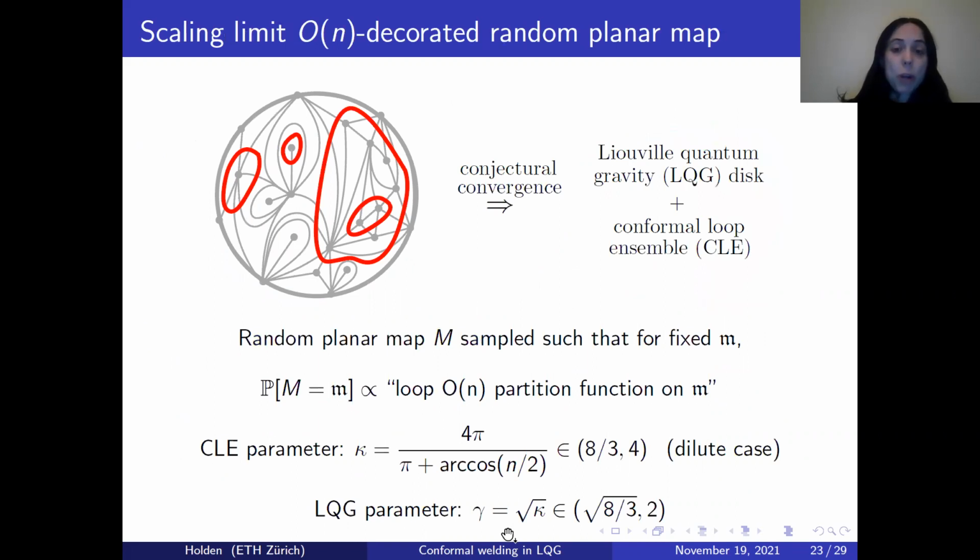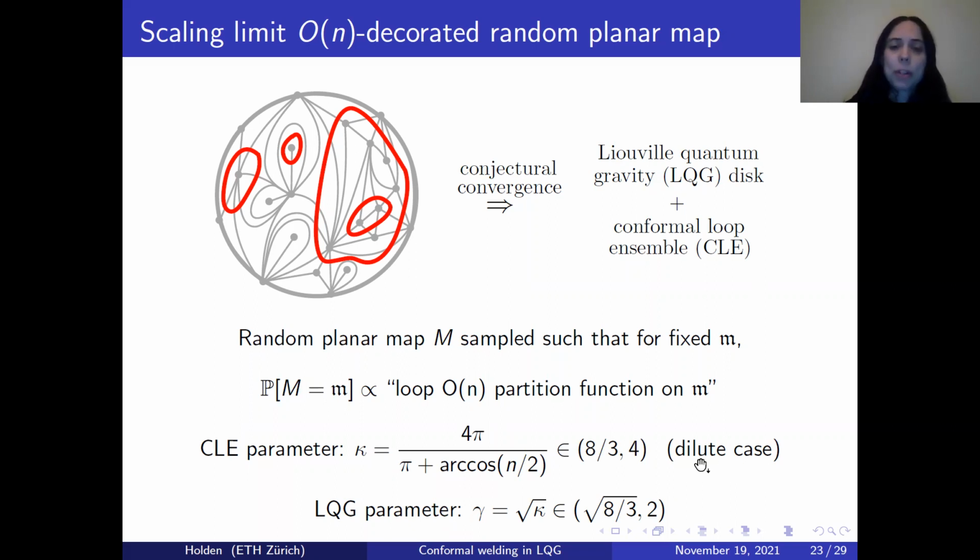What is also believed to hold is that the parameter kappa of the SLE is given by this formula, where n is the parameter appearing in the loop of n model. And it is also believed to hold that the LQG parameter is given by the square root of kappa. So the conjecture, which I've stated on this slide, is actually only believed to hold in what we call the dilute case.